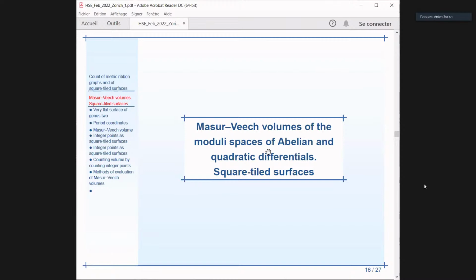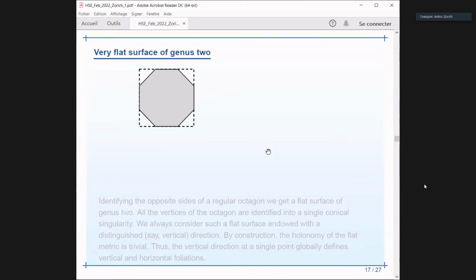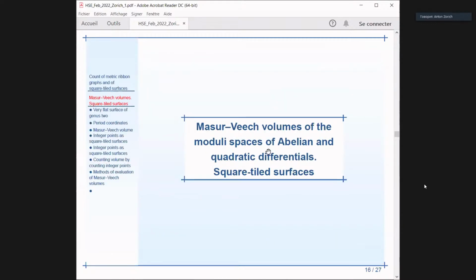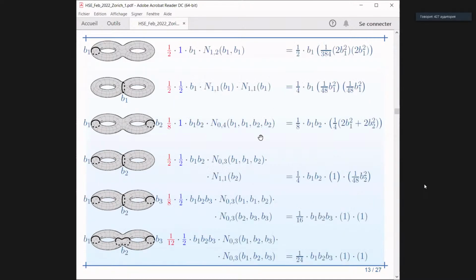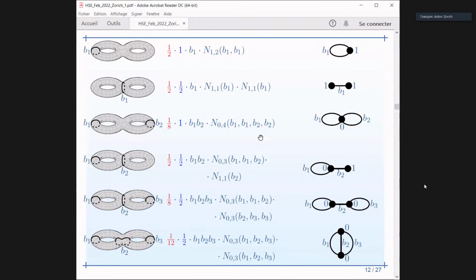And now my plan is to explain why. Sorry, one step back. The weights are the genera of the corresponding vertices? You sum over the weighted graphs. Stable weighted graphs with n legs.